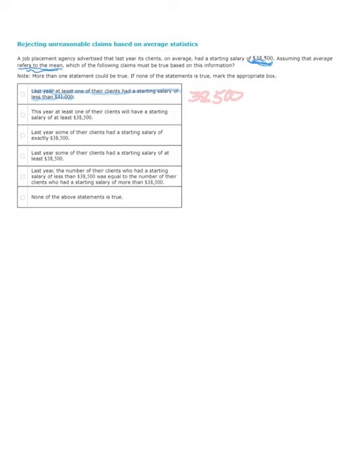Well, yeah, you've got to have some numbers on either side of 38.5. So you definitely have to have something less than $41,000. I'm going to check that, it's got to be true. I have to have somebody making less than $41,000 if this is the average.